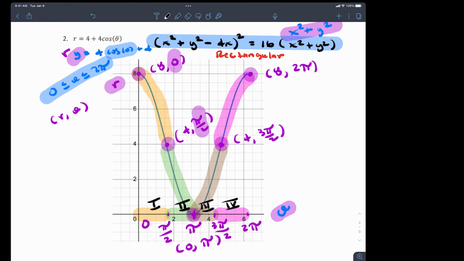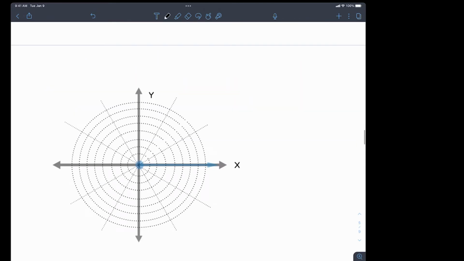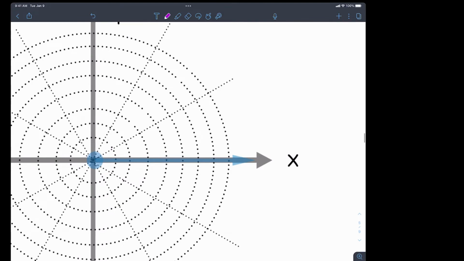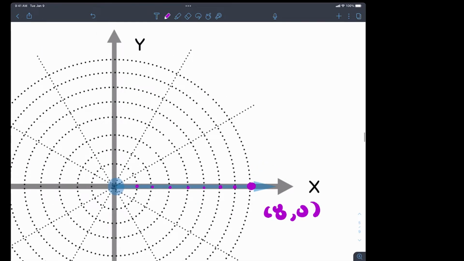That's the idea. So go back over here. You say, okay, in quadrant 1, we went from 8 to 4. So I hope I have 8 lines. 1, 2, 3, 4, 5, 6, 7, 8. There's the location, 8, 0. And then we go to 1, 2, 3, 4.